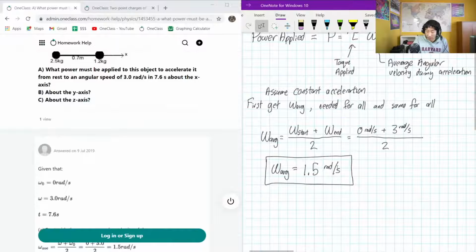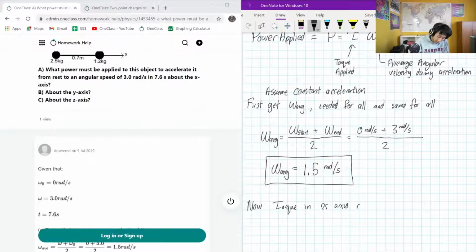Now we need to find torque in x-axis rotation. What I mean by x-axis rotation is, if the x-axis was the axle of a wheel, that's what we would be doing.